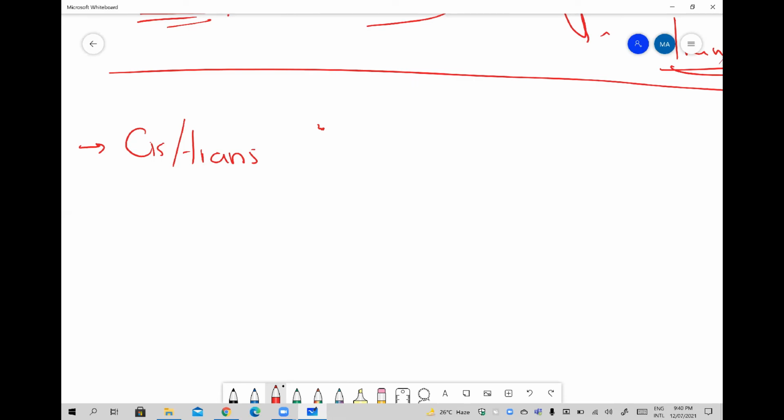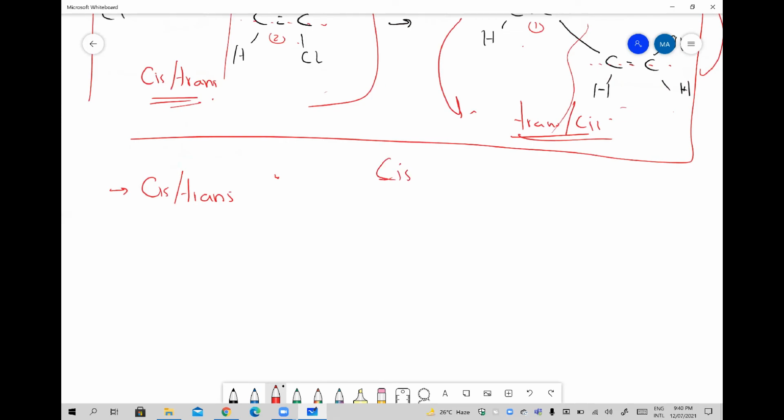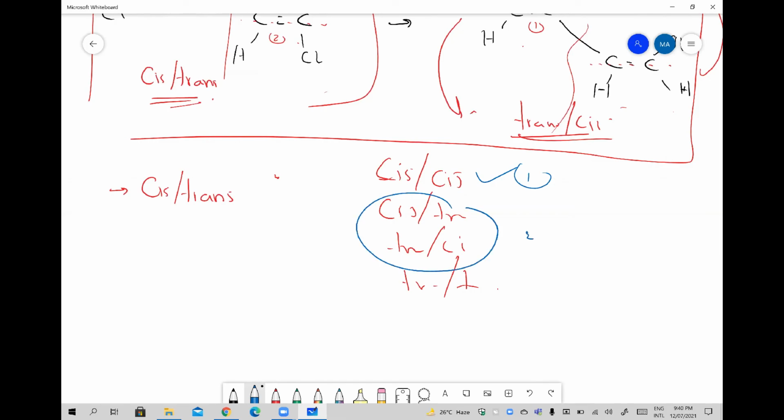So what students do, for example, if you look at the same example, you can have a cis slash cis compound, you can have a cis slash trans, you can have a trans slash cis, and you can have a trans slash trans as well. But there will be a total of 3 isomers: number 1, number 2, and number 3.